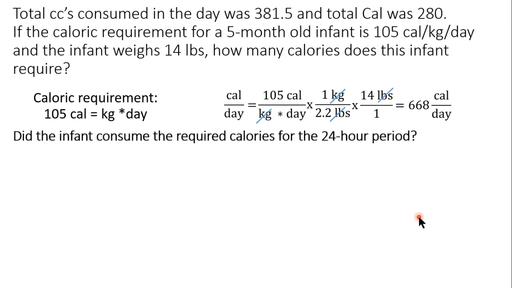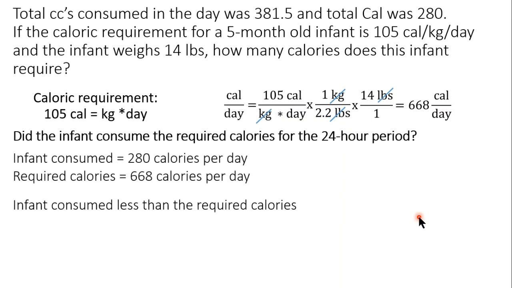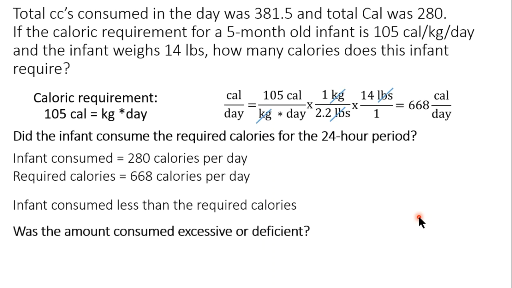Now, it's asking us, did the infant consume the required calories for the 24-hour period? No, definitely not. If we calculated the calories the infant consumed and it was 280, and the baby requires 668. So the infant consumed less than the required calories. And then it's asking us, was the amount consumed excessive or deficient?